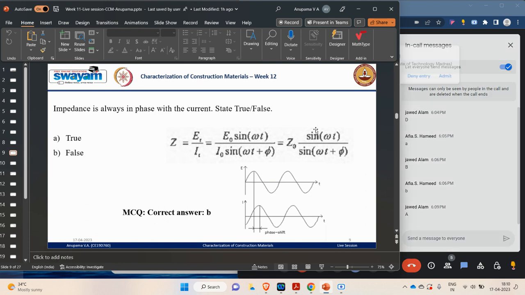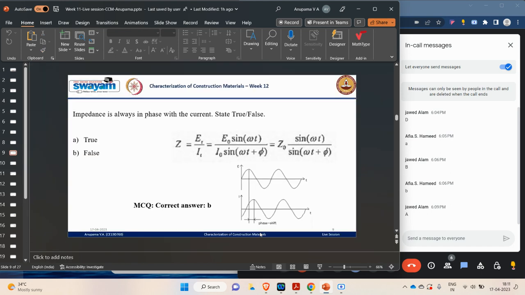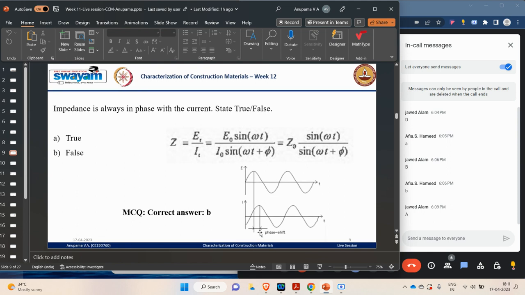In that case, Z, or impedance, has a sine omega t plus phi component. This phi component indicates the phase shift, or the phase change, as shown here. So impedance is not always in phase with the current, which makes the answer false.